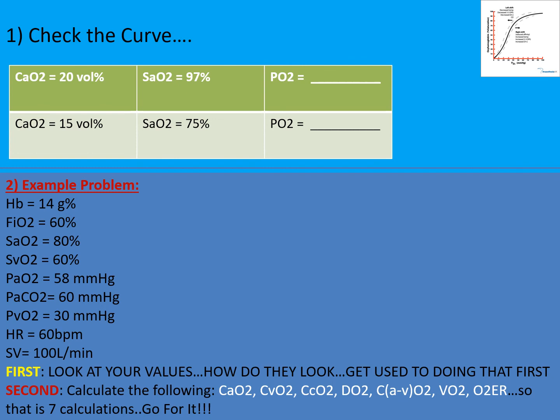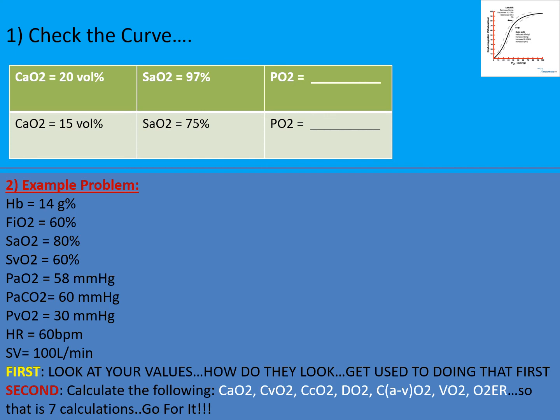Okay. This one might take you a little while, and that is okay. This is for your benefit, okay? So this is an example problem of you calculating all of these equations.